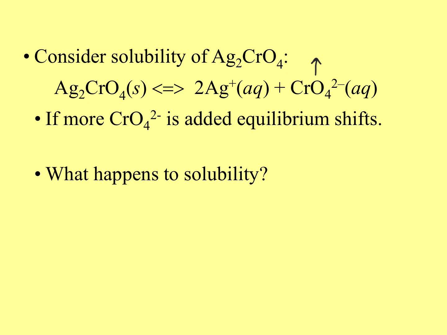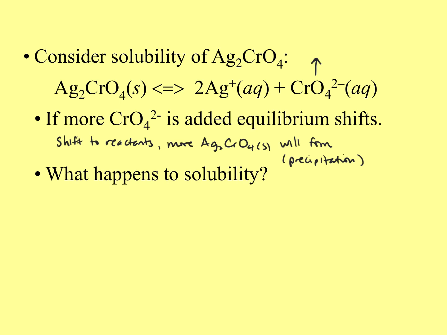It will shift to reactant, and more specifically, Ag2CrO4 solid will form. When more solid is forming, that is precipitation, not dissolving. And when precipitation is happening, that means that solubility decreases as a result.